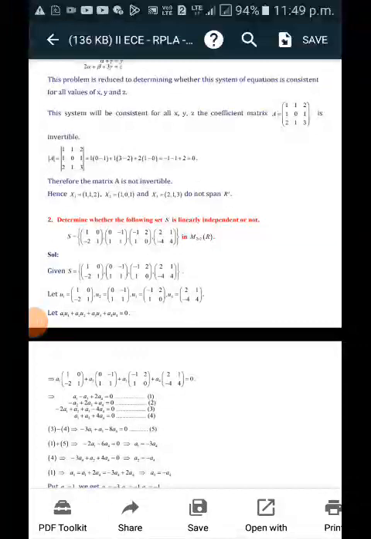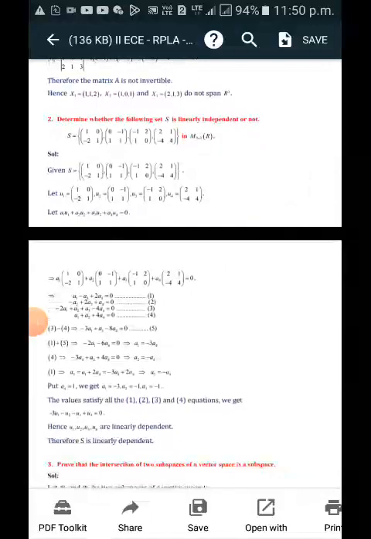Substituting the given matrices, we get the equation a1 into first matrix plus a2 into second matrix plus a3 into third matrix plus a4 into fourth matrix equal to 0. Then using scalar multiplication and matrix addition, we get a 2 cross 2 matrix on the left-hand side. It is equal to 0.